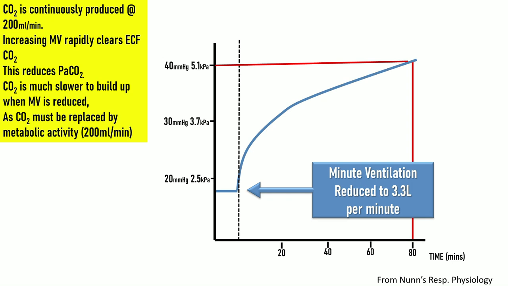It means that clinically, if you make a ventilator change, checking a blood gas, for example, after 10 minutes may be quite misleading. So be careful. If you turn up the minute ventilation, the CO2 will come down fast. If you turn it down, it'll come up very slowly.